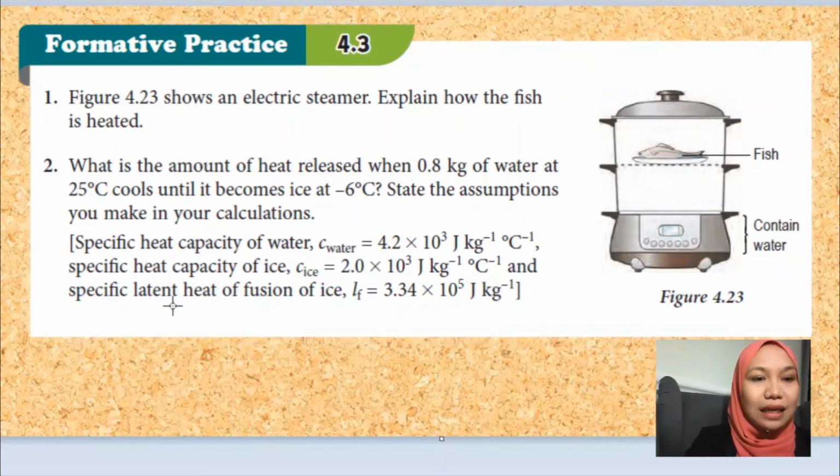It also gives the value of specific latent heat of fusion of ice, which is 3.34 times 10 power of 5 joule per kilogram. So that is a big value there.